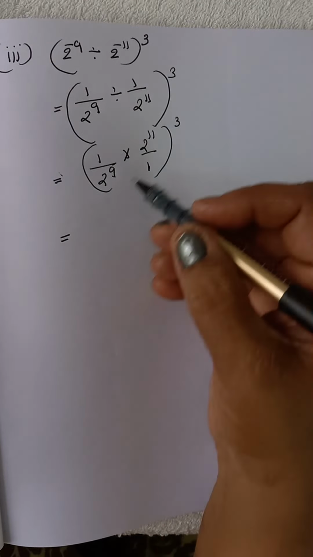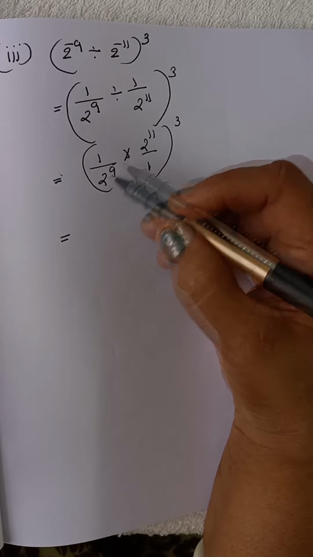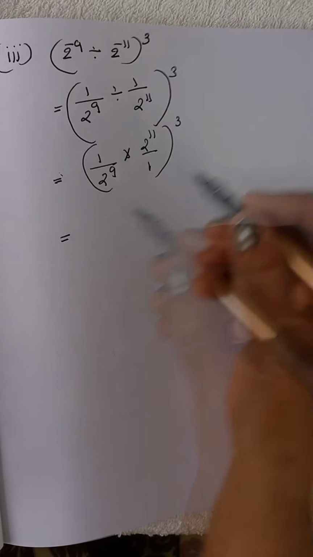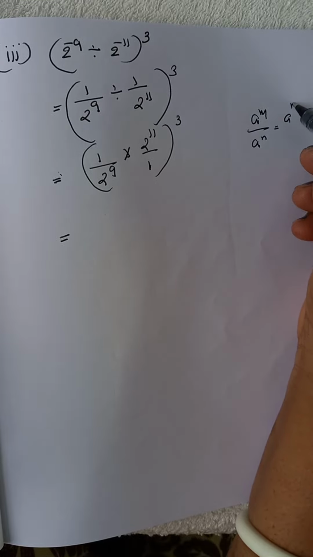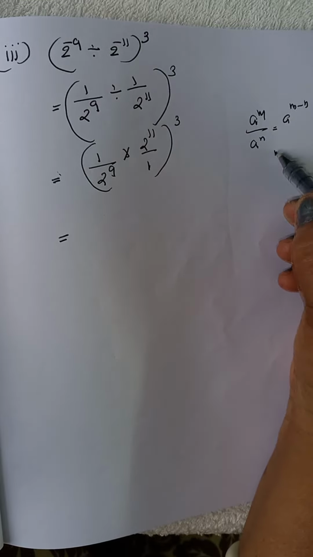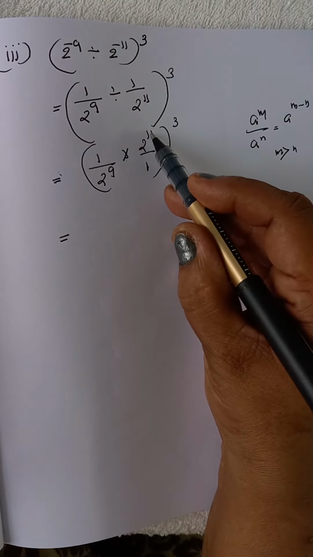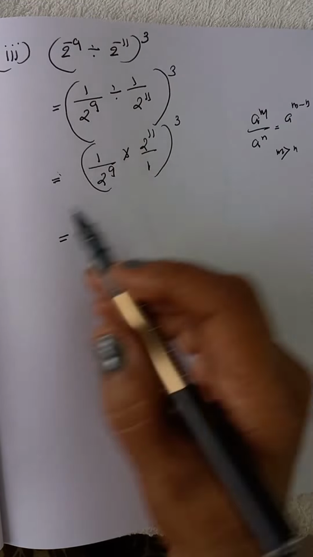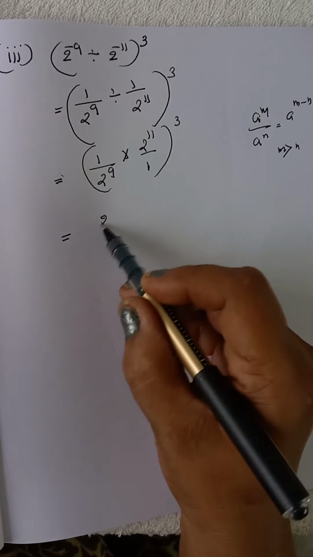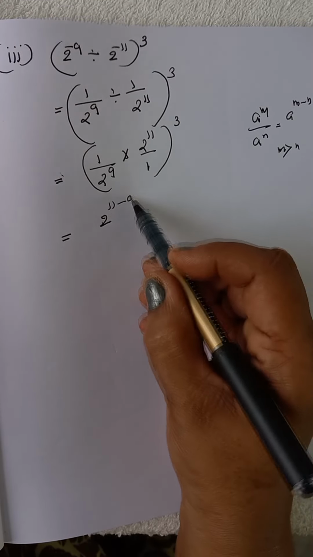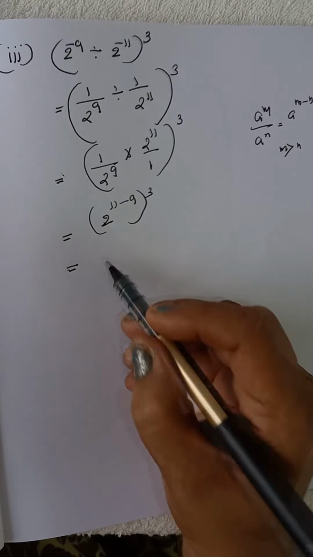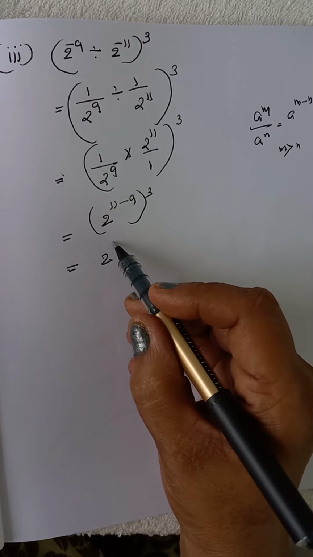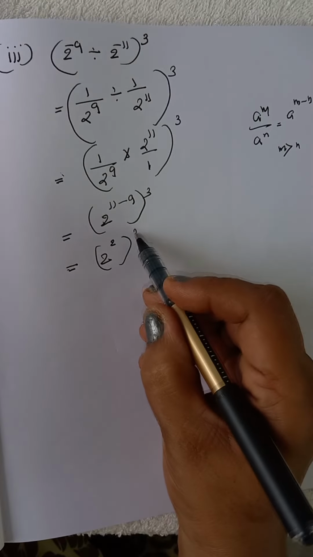Now here we can apply the formula a raised to m by a raised to n, which is equal to a raised to m minus n if m is greater than n. Here m, that is 11, is greater than 9. So this is equal to (2 raised to 11 minus 9) whole raised to 3. Now 11 minus 9 is 2, that whole raised to 3.